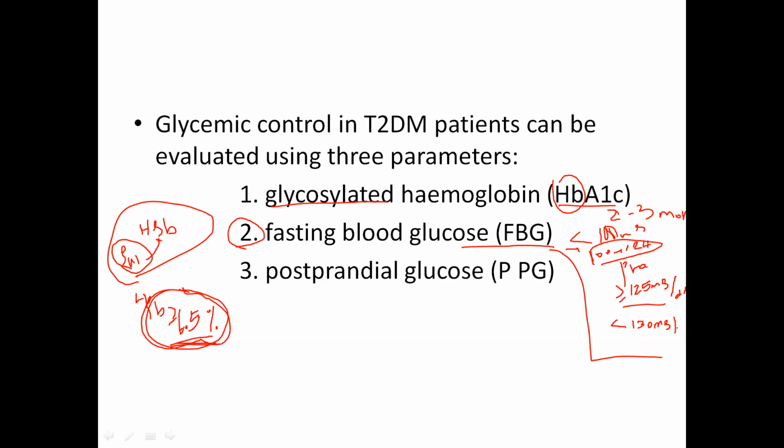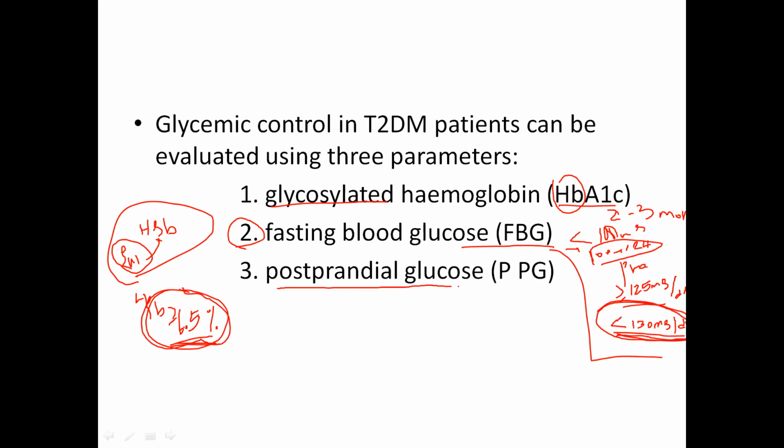This is the controlled glycemic range when we do the fasting. And don't forget that the glucose level should not be less than 70 milligram per deciliter, and that is hypoglycemia, which is more serious than hyperglycemia and can have devastating results, and may even lose our patient. So this is the control range for the diabetic patient.